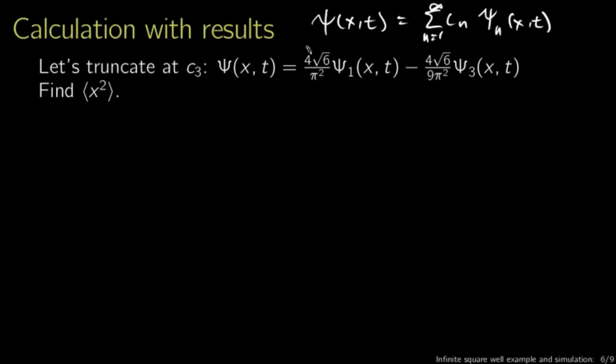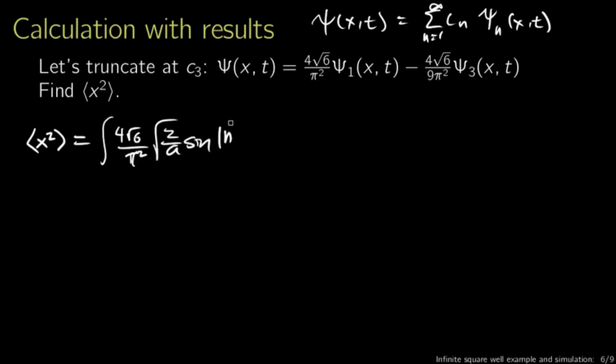Knowing the form of these functions and now knowing the values of these C sub n from Sage, you can write out what x squared should be. This is the expected value of x squared, and it's going to be an integral of these numbers, 4 root 6 over pi squared times psi 1, which was root 2 over a sine, not n, since we're just dealing with psi 1 now, we have pi x over a.